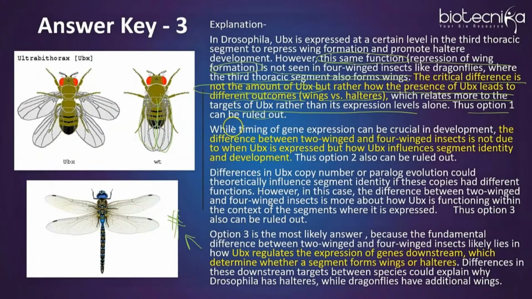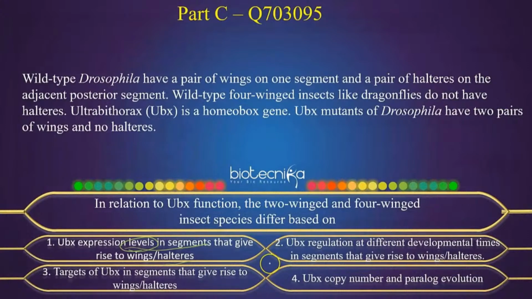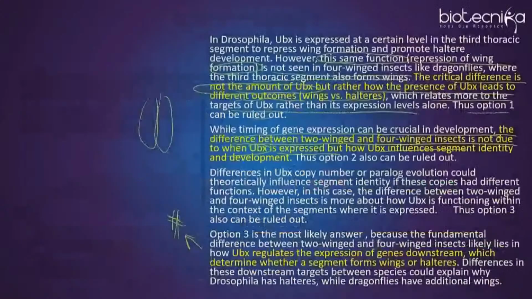Okay. Now, while timing of gene expression can be crucial in some cases of development, the difference between two-winged and four-winged insects is not due to when UBX is expressed, but how UBX influences segment identity. So option 2 also cannot be correct because it is talking about the timing, UBX regulation at different development times in segments that give rise to wings and halteres.